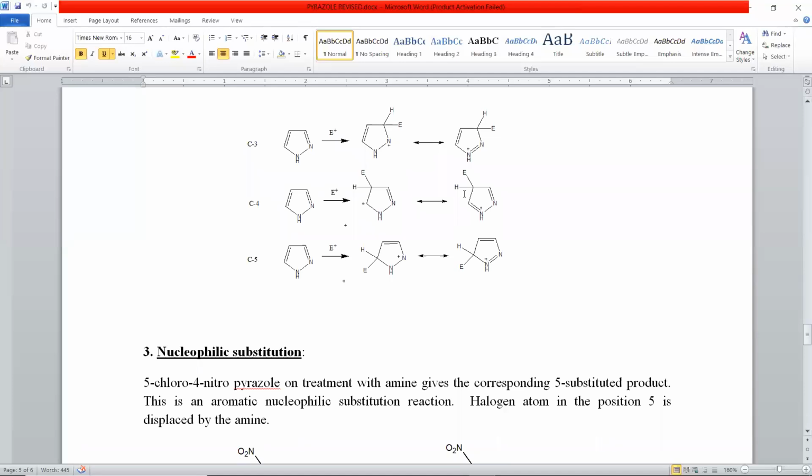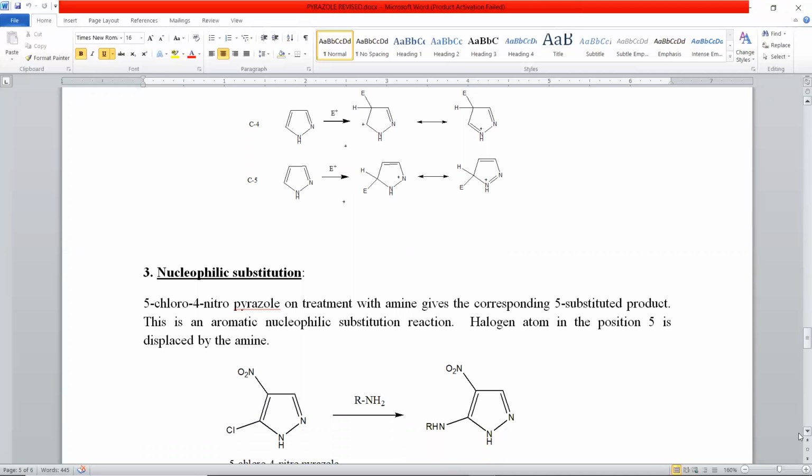So when the electrophile attacks at C3, so attack of electrophile at this carbon atom. Next, attack of electrophile at the 4th carbon atom. And this is attack of electrophile at the 5th carbon atom. So of this, attack at C4 is preferable.